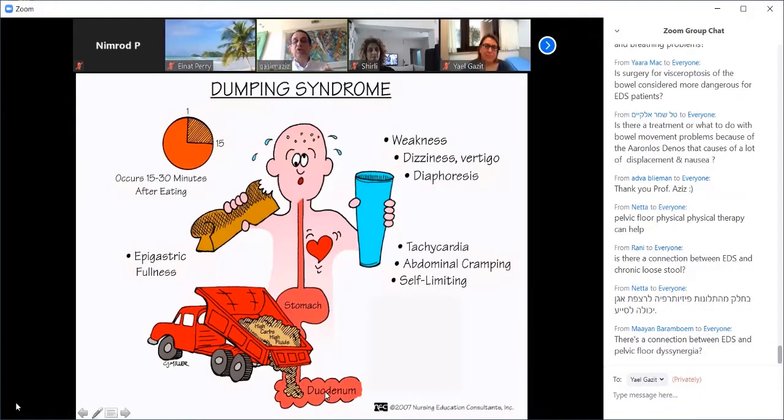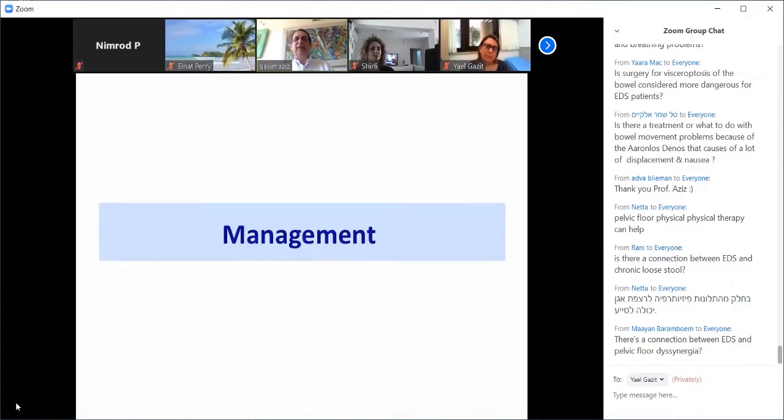And if this food has a lot of sugar and carbohydrates, then this sugary content in the small bowel absorbs fluid from the blood vessels, and therefore the volume circulating in the blood vessels decreases, and people tend to get weak, dizzy, they get palpitations, tummy cramping, etc. So this can be another problem that we see sometimes in POTS patients, and I'll talk about the treatment for that in a minute.